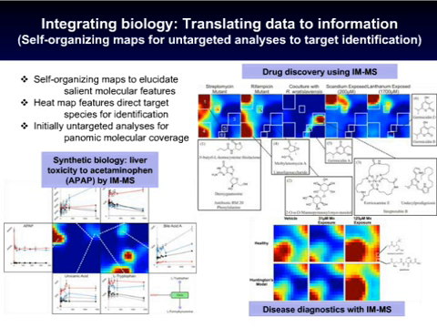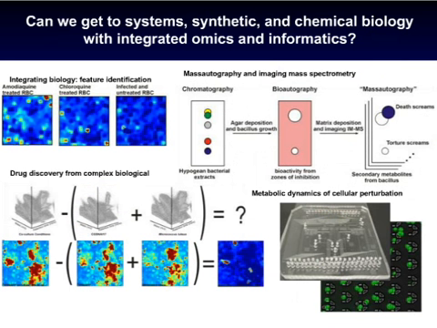And what this really allows us to do is look at things like acetaminophen toxicology, and allows us to do drug discovery or disease diagnosis. It's really trying to get us toward systems and chemical biology approaches. And I hope that illustrates a couple of cases where ion mobility mass spec really helps save the day.